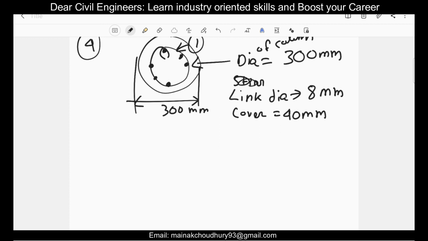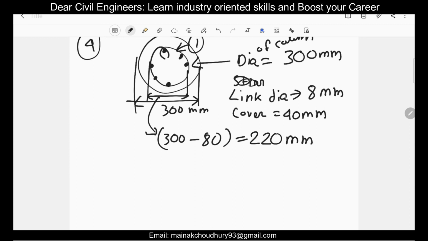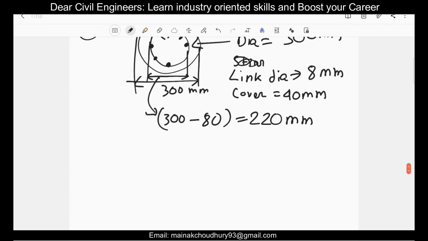This length is 300 mm, and inside, this particular maximum length or the dia, you have to calculate. So this length will be 300 minus the cover, that is 40 into 2, that is 80. So this will be your 220 mm. So this 220 mm will be the dia of this particular link.